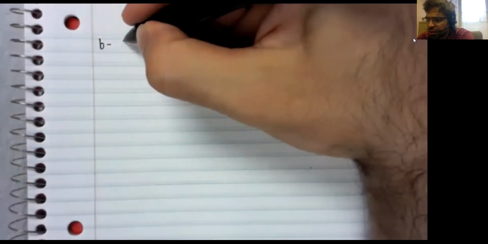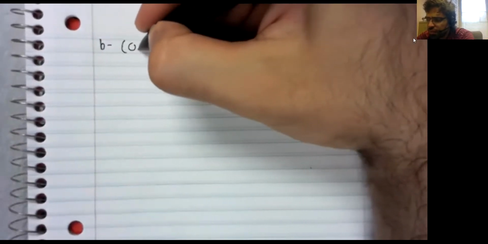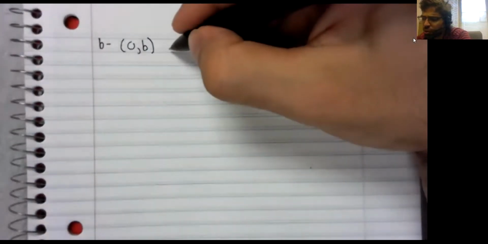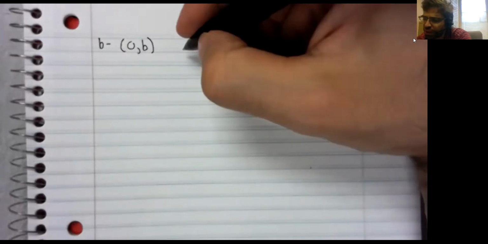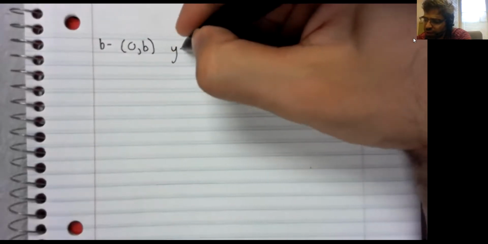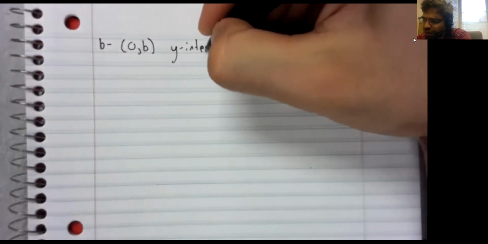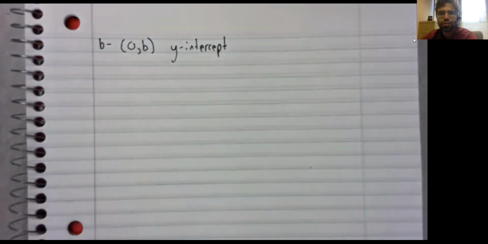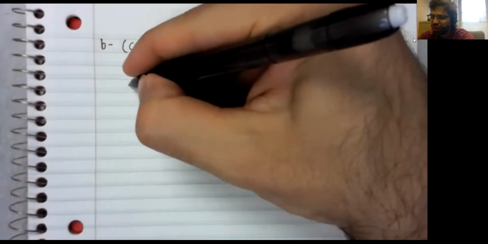Let's look at b. Let me see, I'm trying to share this. Well, b is the y-intercept, or more properly speaking, the point 0, b is the y-intercept. Remember that y-intercepts are points.